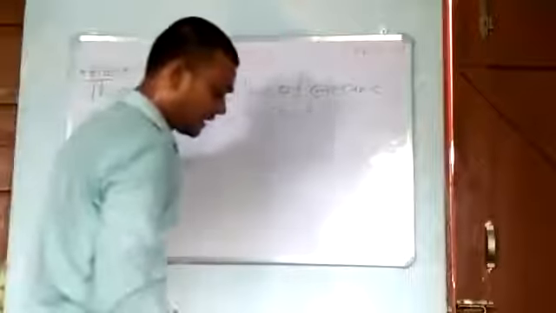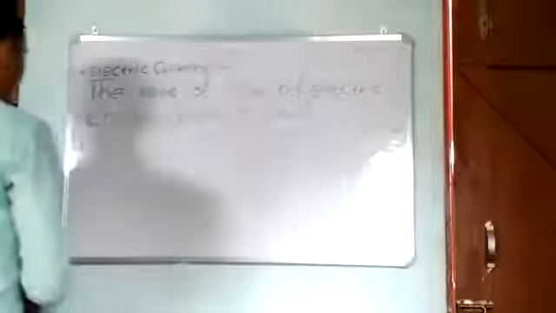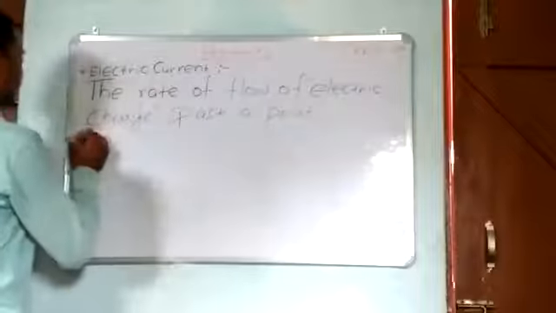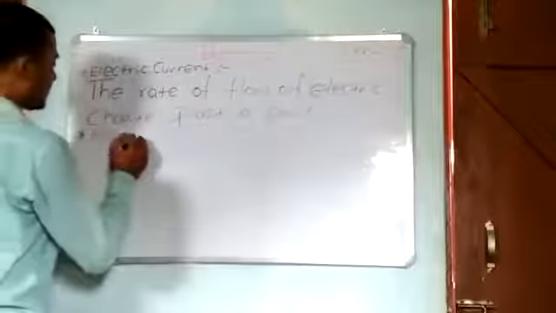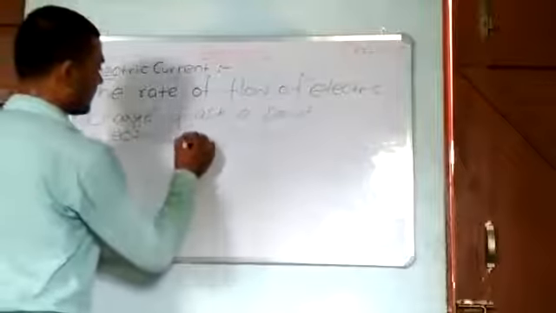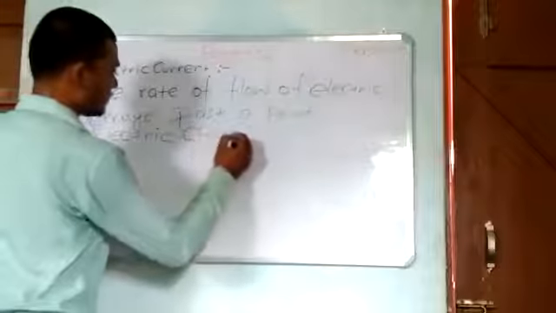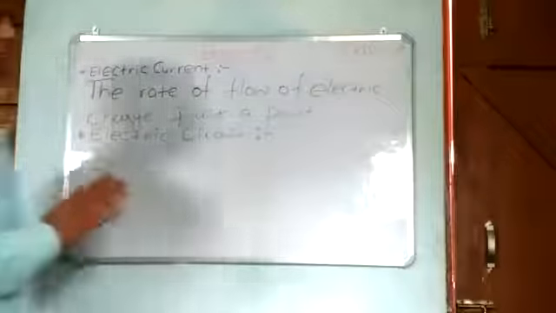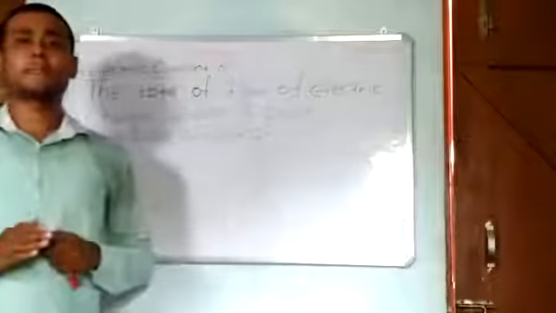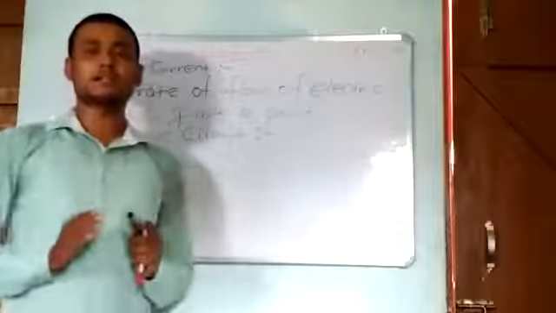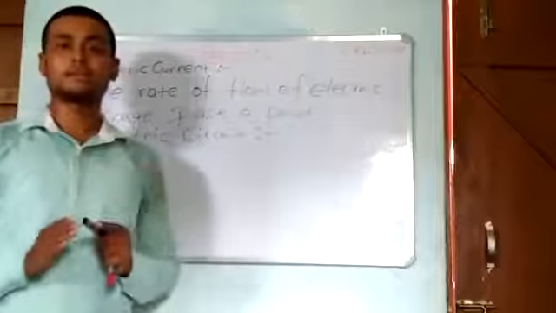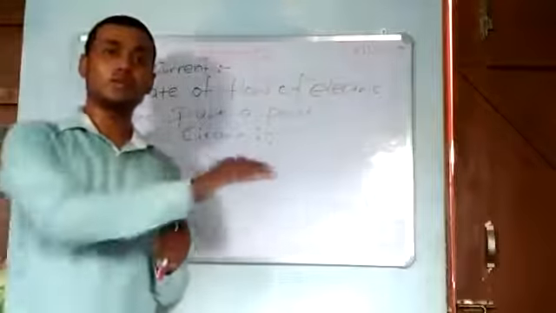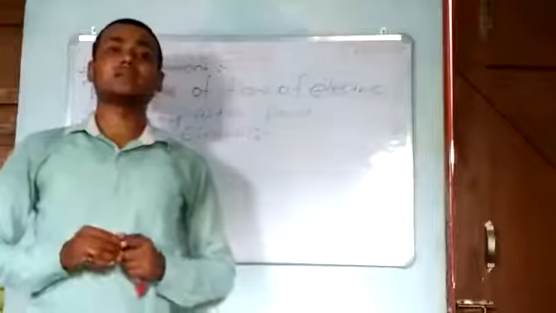Next topic is electric circuit. What is an electric circuit? The closed and continuous path in which current flows is known as an electric circuit.